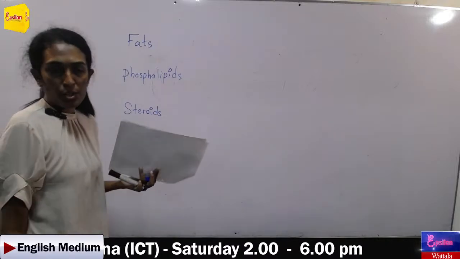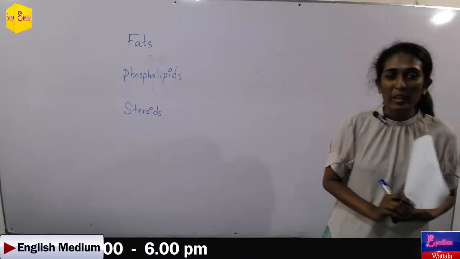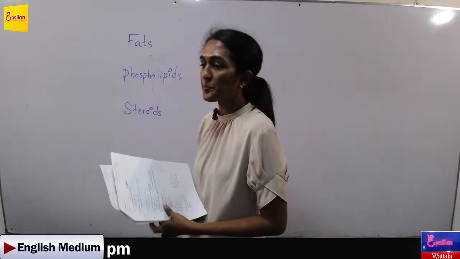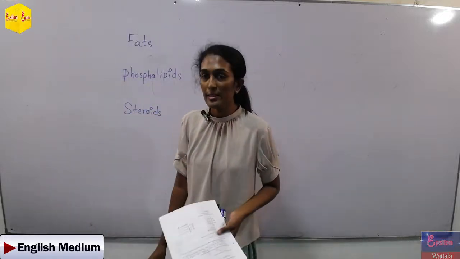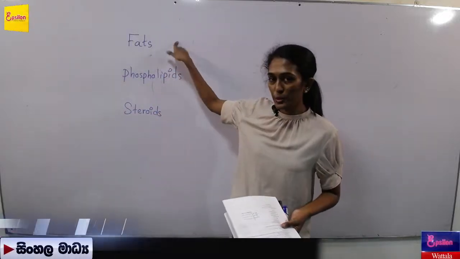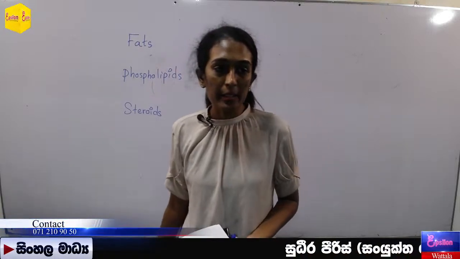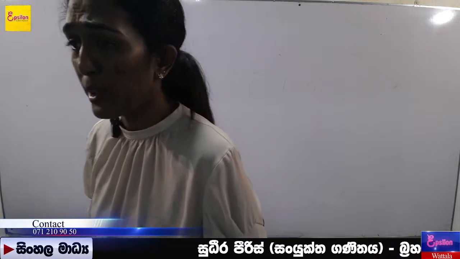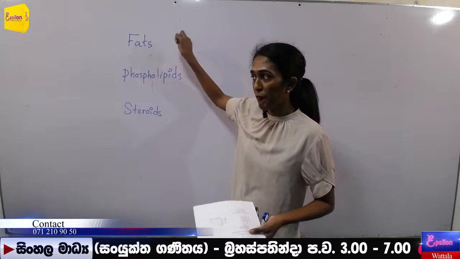Usually, you all know about coconut oil and castor oil. Whatever oil is found in animals and plants belongs to fats. You know about butter fat, and milk also has fat. Those lipids belong to this category, fats.